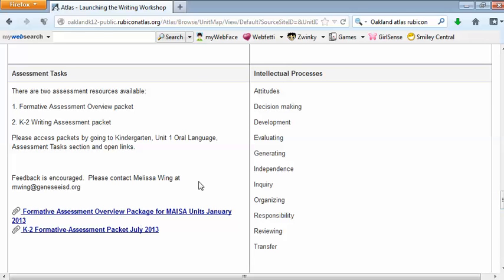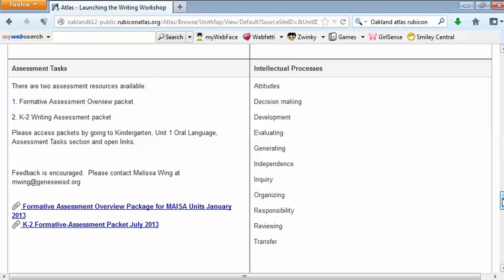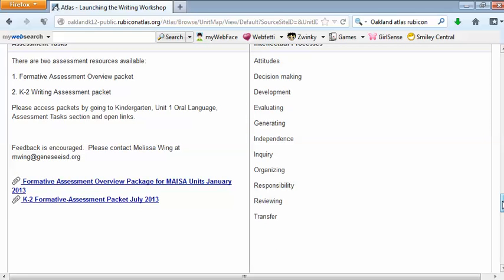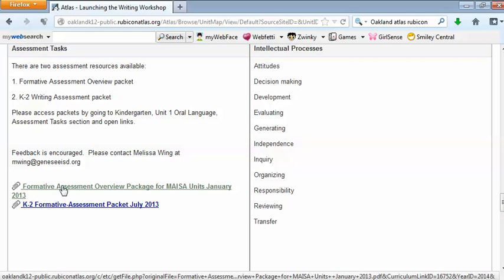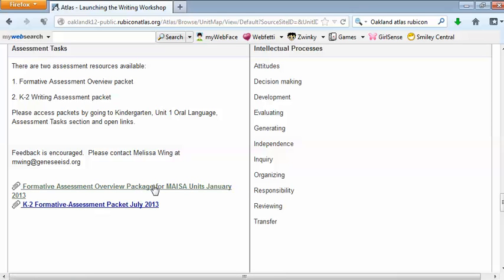Assessment tasks and intellectual processes included are listed next. There are two important resources here in the kindergarten through second grade units that are really to be used beyond kindergarten through second grade, and teachers are finding these very valuable. The Formative Assessment Overview Package and the Formative Assessment Packet. These are both created through collaboration across multiple counties, and teachers again are finding them very user-friendly and valuable.